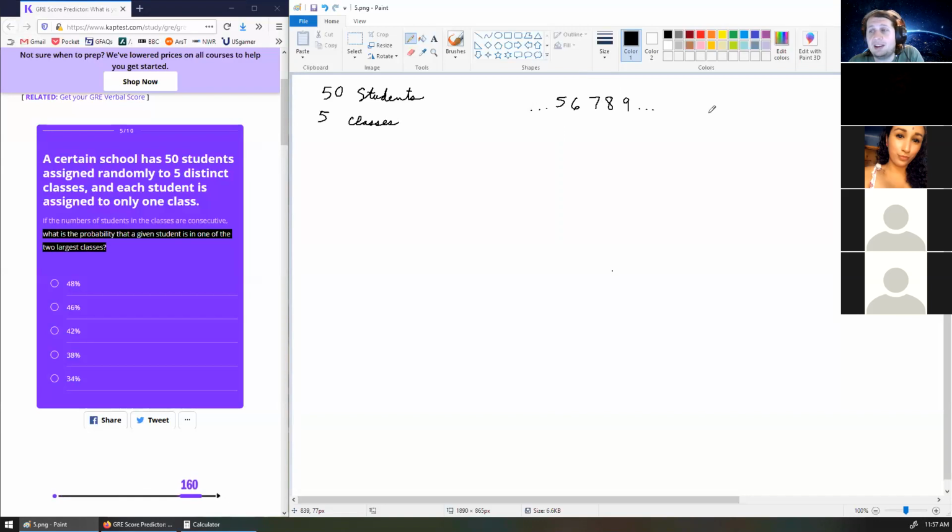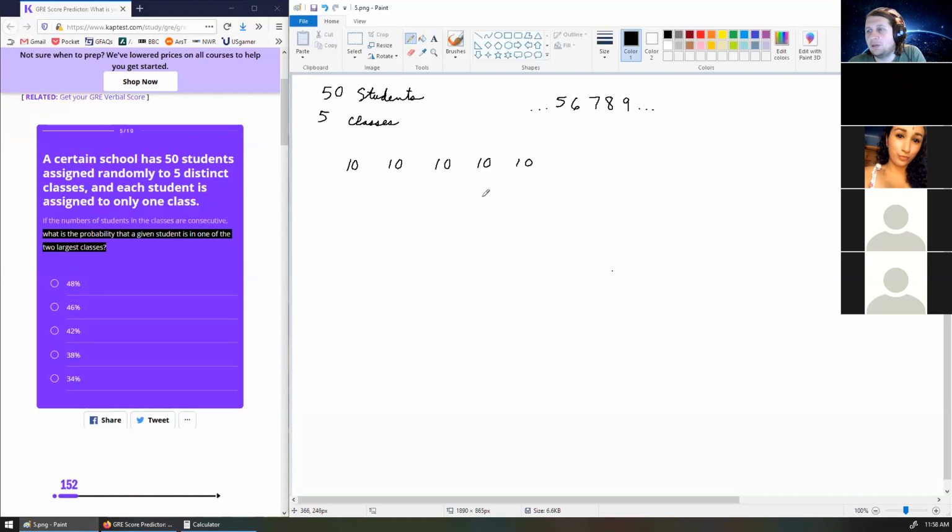So what this is saying, again, if this was purely random, we'd expect each classroom to have about 10 students. So if it was 10 and 10 and 10 and 10 and 10 for the number of students in each class, what's the probability that a student is in one of the 2 largest classes?